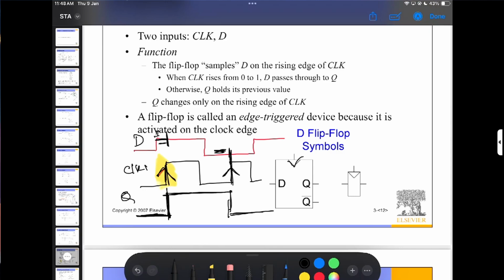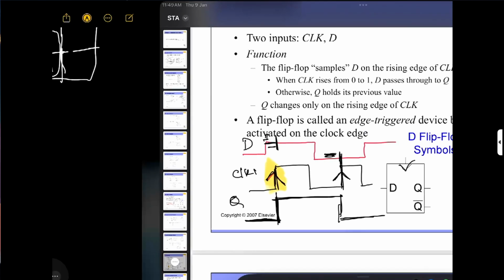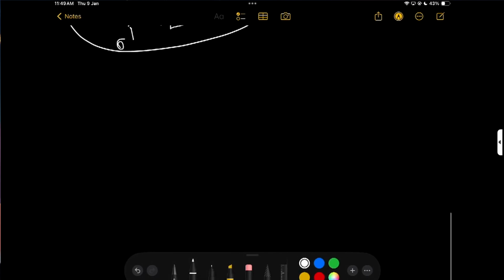Okay. And if we want to know how the positive edge clock is working, so basically the positive edge circuit, here is the positive edge clock.